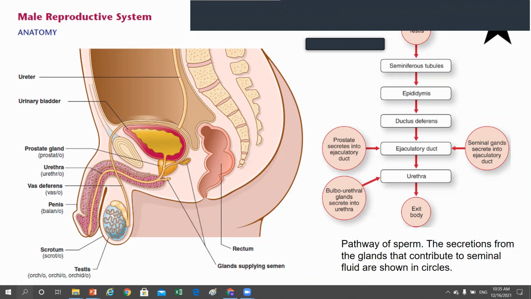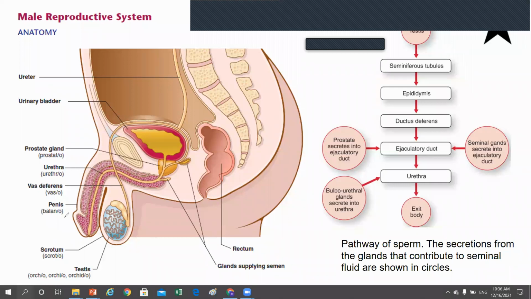This zygote, a single cell, will multiply and divide, and we will get millions of cells which will make different portions of our body. So this is a very basic cell. The sperm contains these cells which are carrying all information from the paternal side, from the father's side.